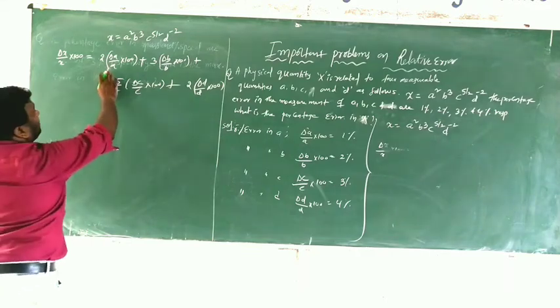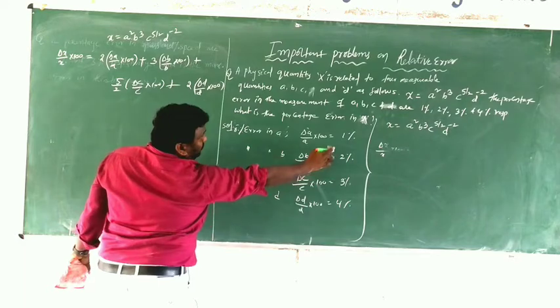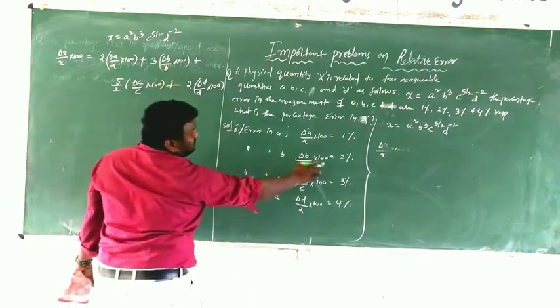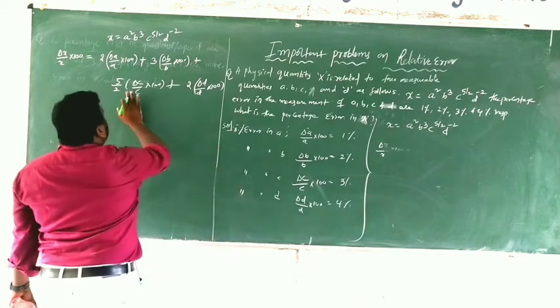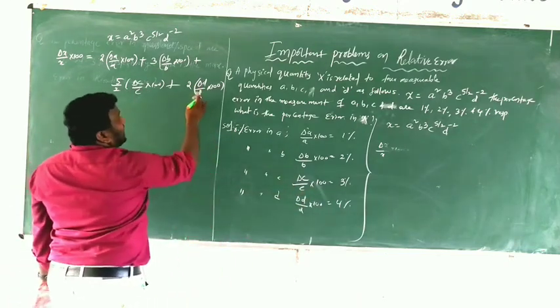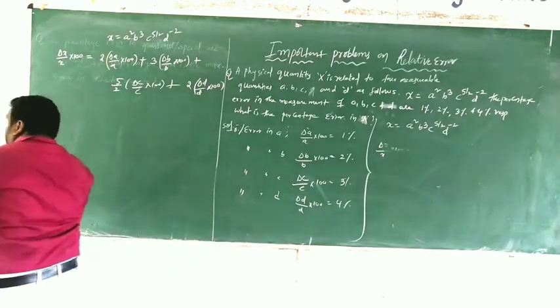Here the given values: delta A by A into 100 is how much? 1%. Delta B by B into 100 is 2%. Delta C by C into 100 is 3%. Similarly, delta D by D into 100 is 4%. So we have to substitute the given values now.